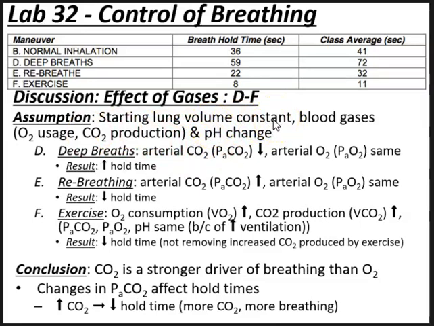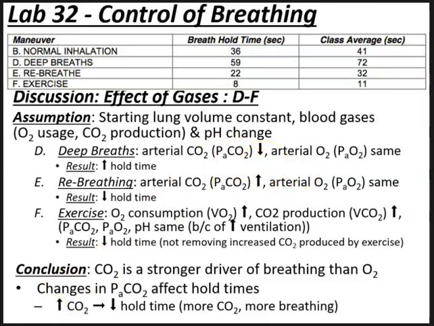The first condition we're going to take a look at in this section of the lab, D, is undergoing deep breaths. Deep breaths get rid of carbon dioxide, so the partial pressure of carbon dioxide goes down, whereas arterial oxygen will stay the same.